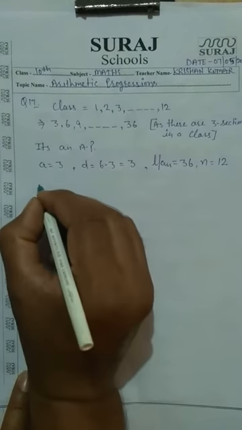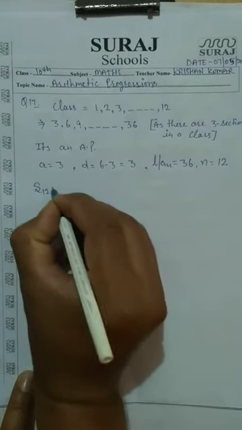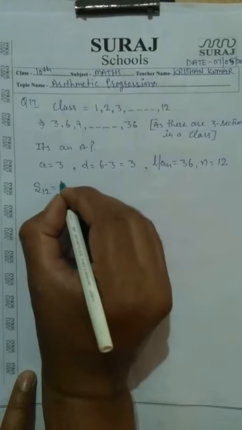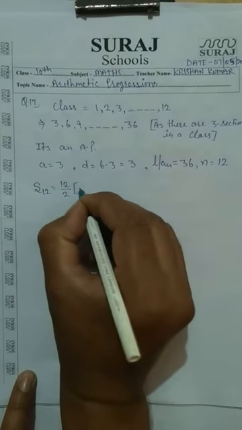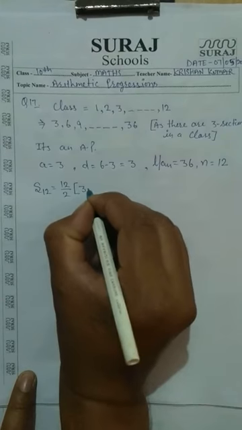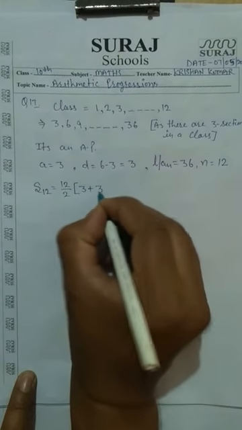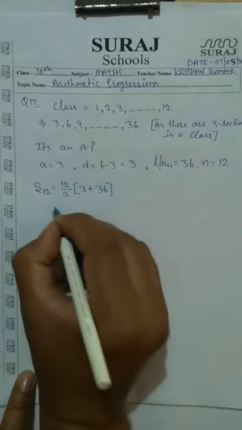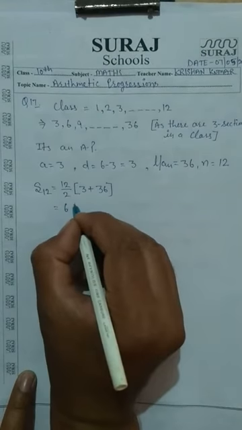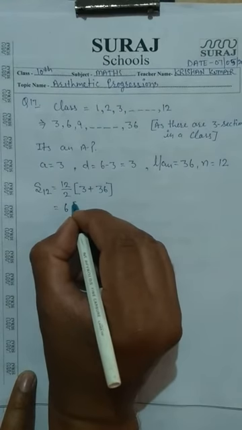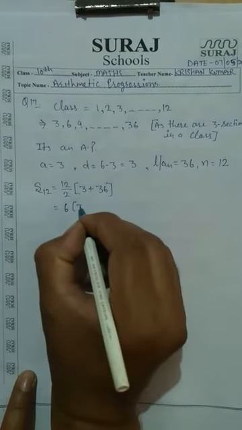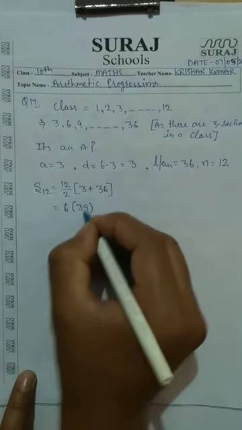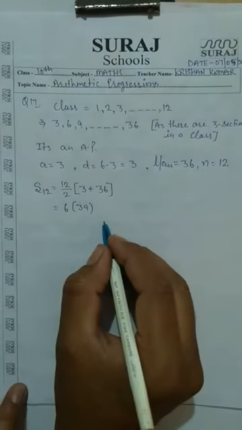So S12 is 12 upon 2 in bracket A, 3, plus L, 36. 12 upon 2 is 6, and 36 plus 3 is 39. Multiply these two numbers.